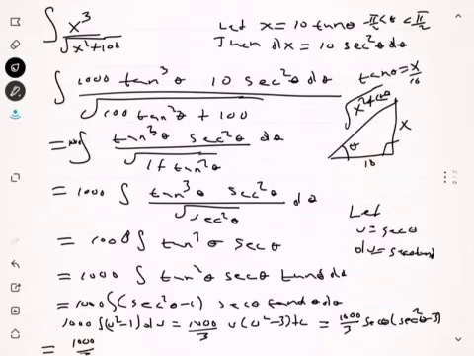Okay, so then plugging in, secant of theta is hypotenuse over adjacent, so the square root of x squared plus 100 divided by 10, and then times secant squared, which is x squared plus 100 divided by 100, minus 3, plus c. Okay, so this is trigonometric substitution. Thank you.